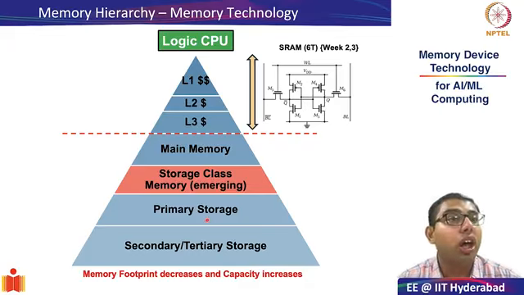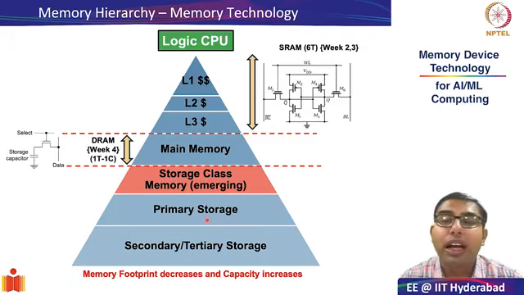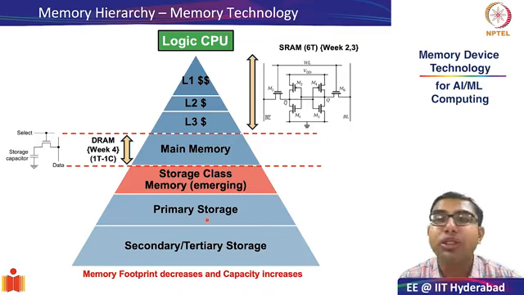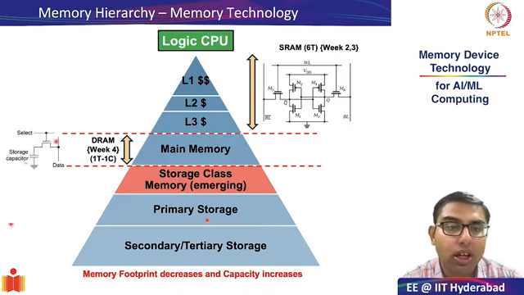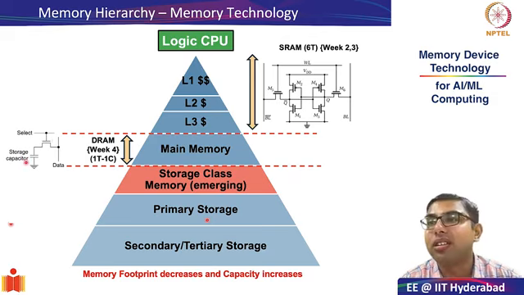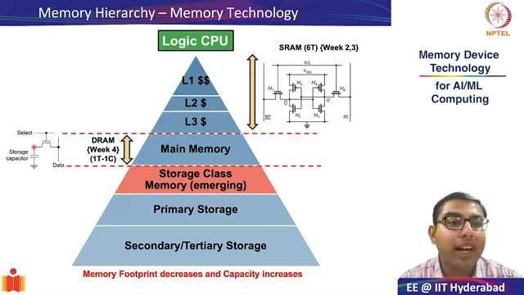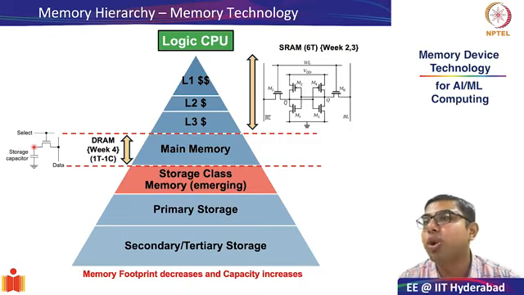Please try to recall what was the element used in main memories. It was your DRAM cell, which consisted of just one transistor and one capacitor, and the memory was being stored where my laser pointer is, at the storage node.